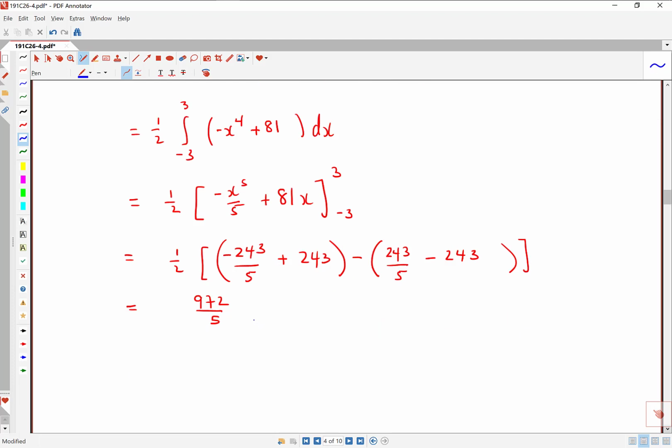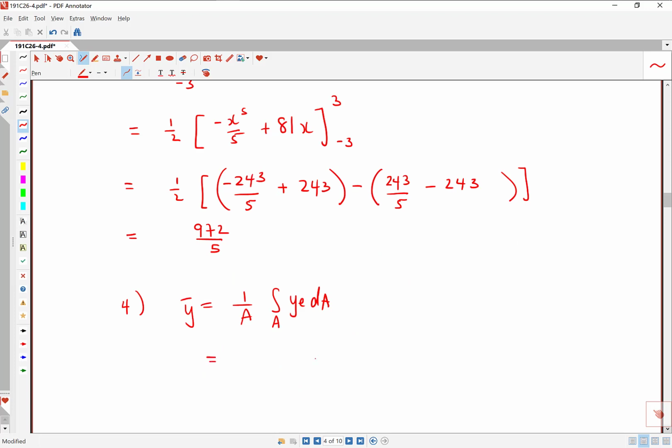So remember, what we just calculated in this step was the integral over our region of y sub e times dA. Now in our final step, what we need to do to get y bar is we need to say, well, y bar is 1 over the area times this integral that we just calculated. So this is a quick step because we're just going to take this integral that we just calculated and divide it by the area.